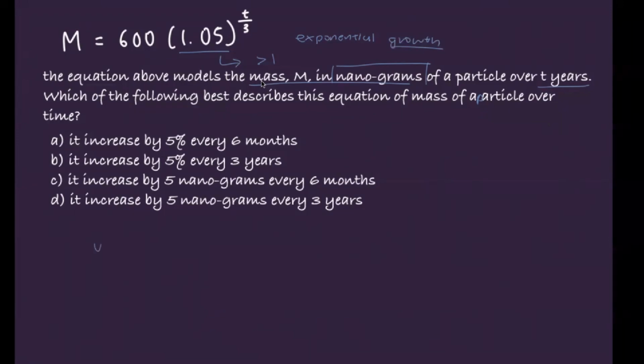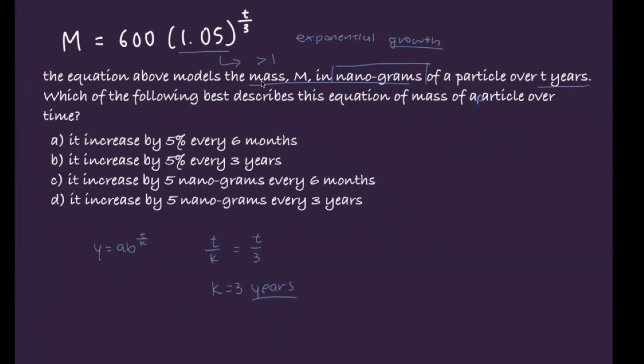And let's remember our general equation of T over K. So T over K equals to T over 3, then K is equal to 3 years. So it increased every 3 years.